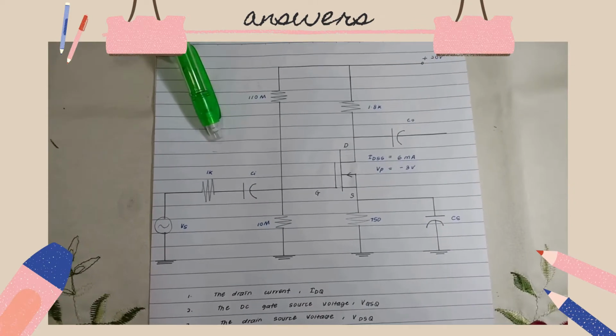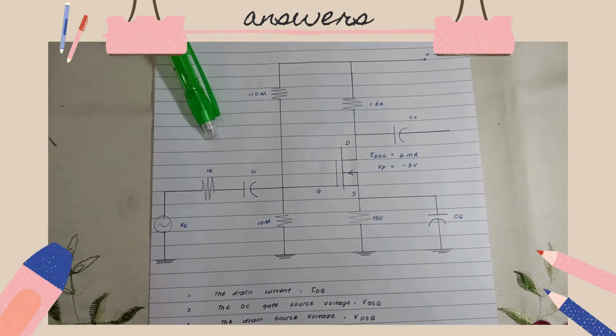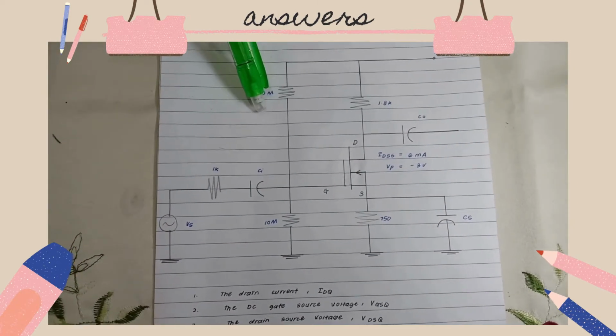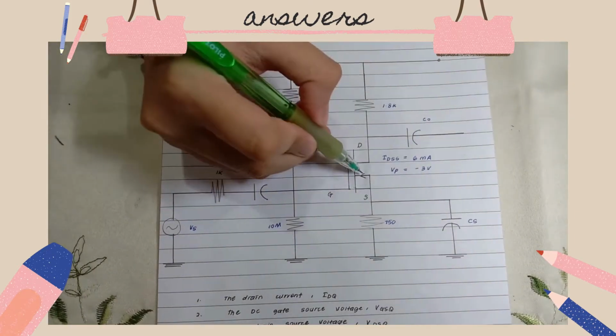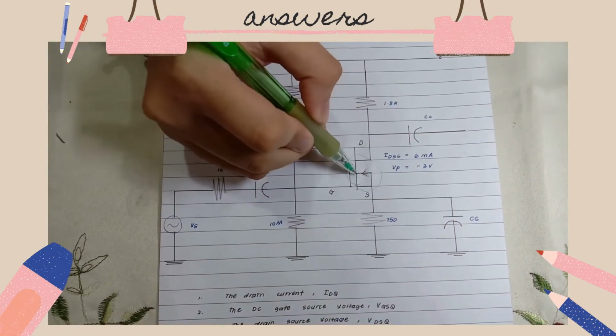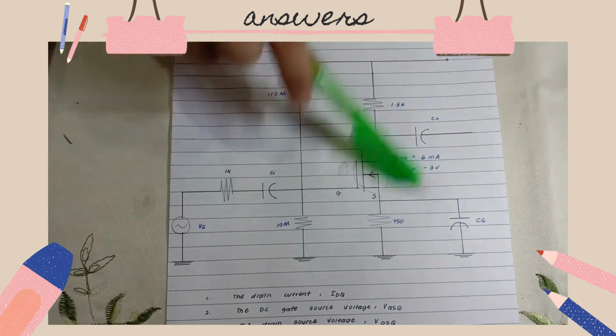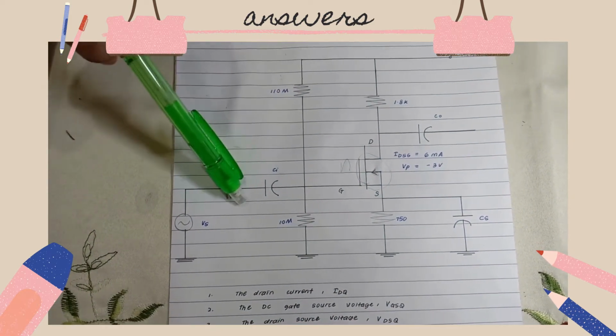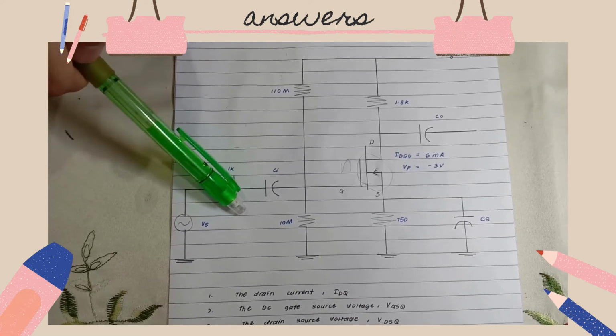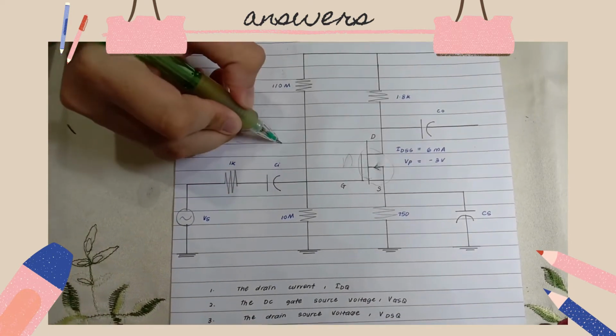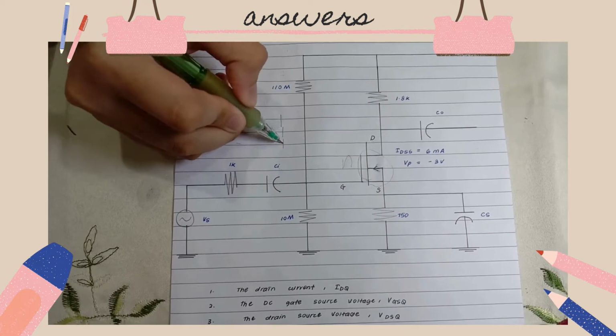Circuit from the given question. First, we need to identify the type of the circuit. As we can see here, the arrow pointed into the FET, so it is N-channel. We know that this circuit is from the MOSFET family, but we need to identify either it is E MOSFET or D MOSFET.